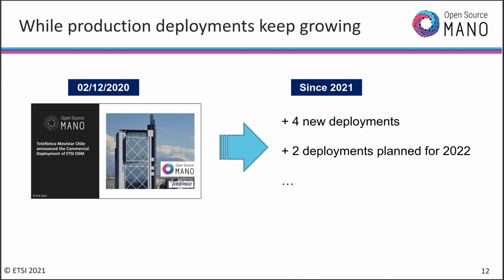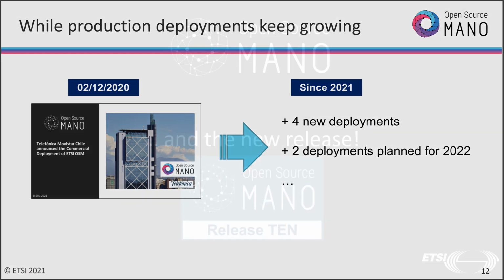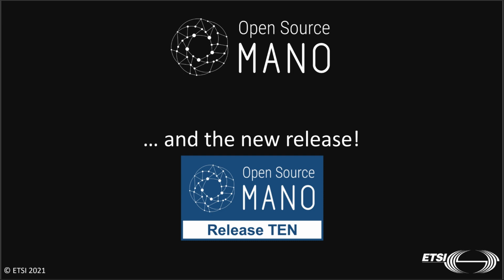This of course conditions the way that we proceed, because even the size of these deployments is something we need to be aware of, but we are really happy about how this ecosystem is working. Okay, and now the new release.